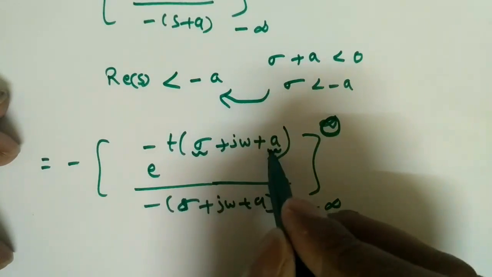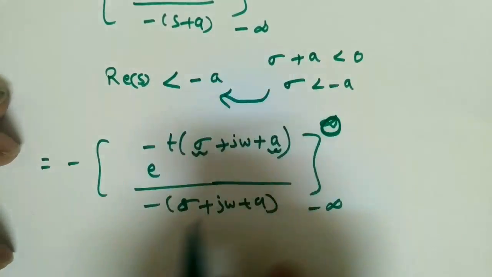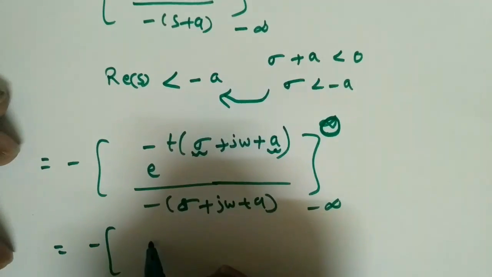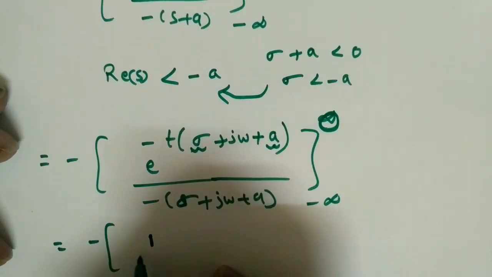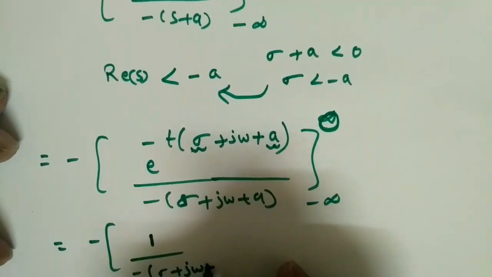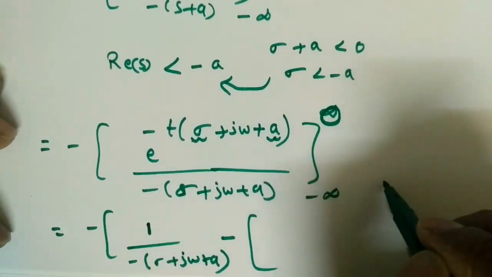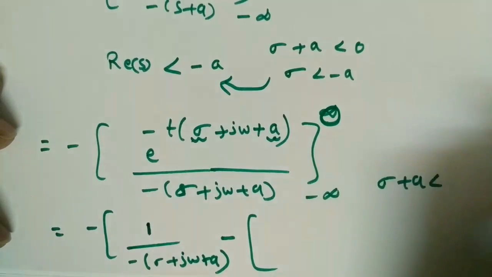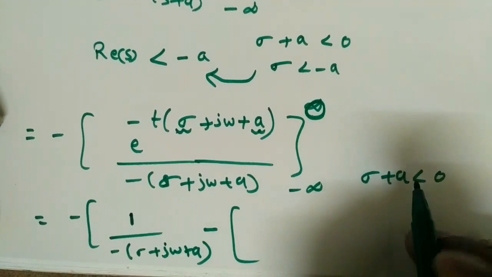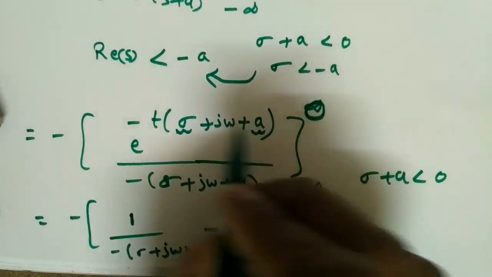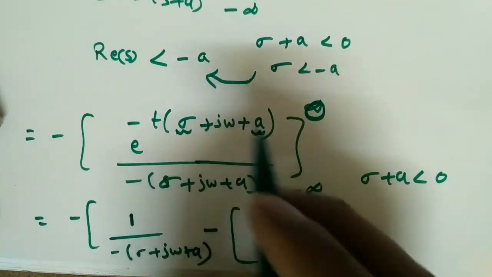Only when it is negative will it converge. Whenever it is negative, what do we get? At 0 we get e power 0, which is 1, divided by minus of sigma plus j omega plus a. I already assumed that sigma plus a is less than 0; previously we assumed it was greater than 0, now we have to assume less than 0. So minus of minus, you will get positive.